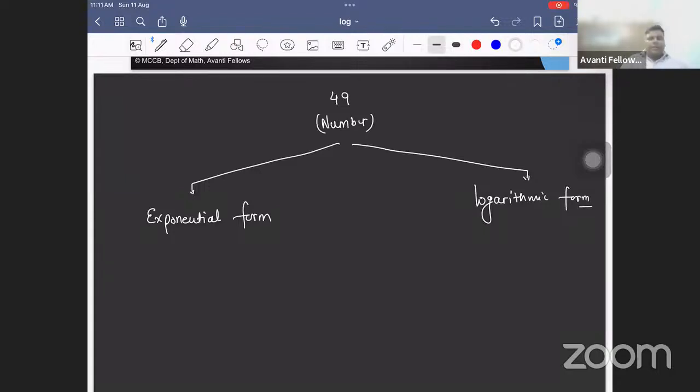In the exponential form, I can write 7 square is equal to 49. So this 7 is what I call the base, and this 2 is what we call the power, or index, or exponent.